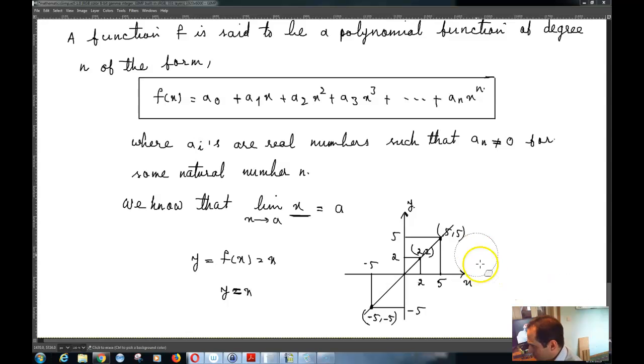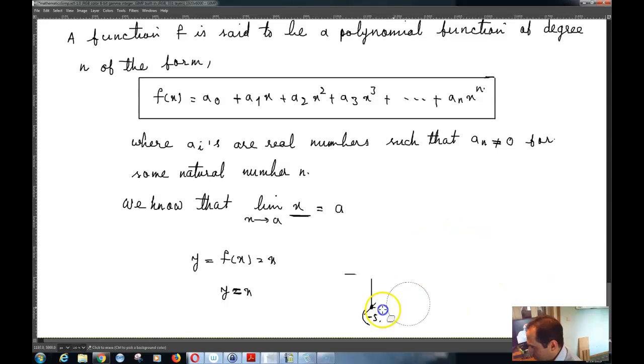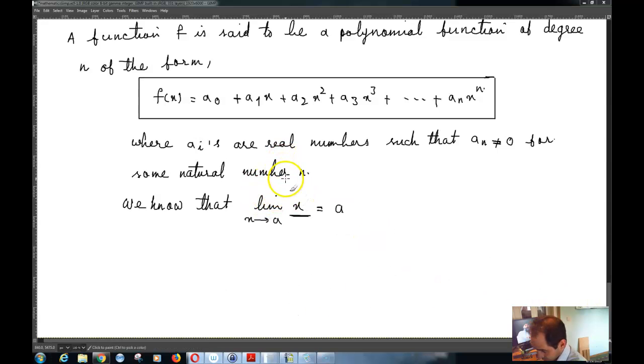So what that means, and we saw that in almost all of these functions, I would say, when we were taking the limit of these functions, we saw that the limit of f of x as x tends to a was almost always equal to f of a.